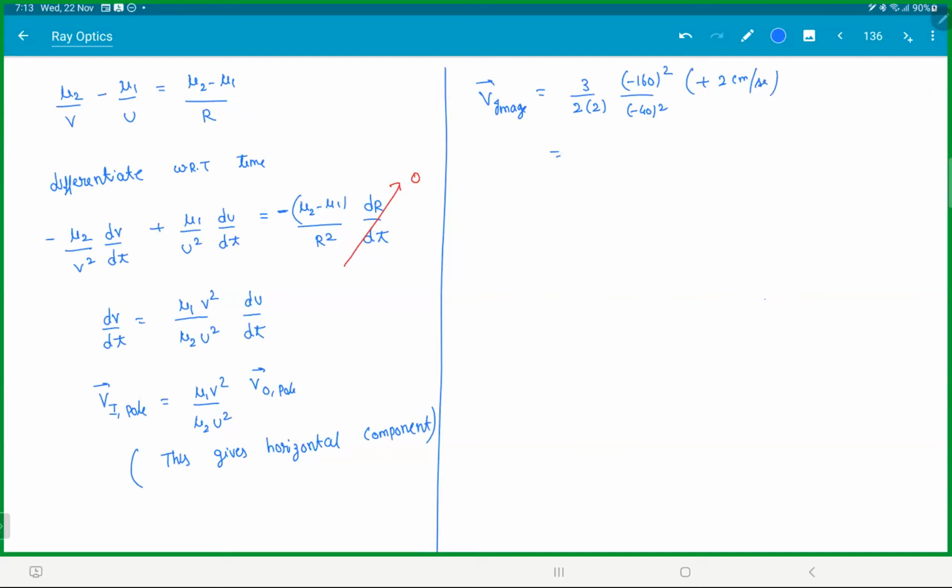So this would be 40 square, so that is 4 square, 16. 16 by 4, 4, 3, 12, 24 centimeters per second.